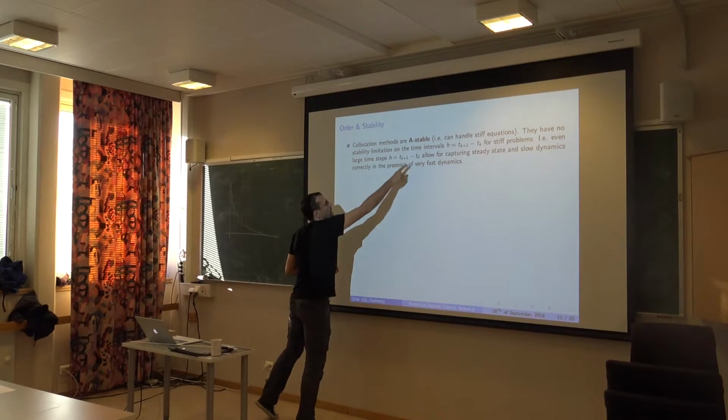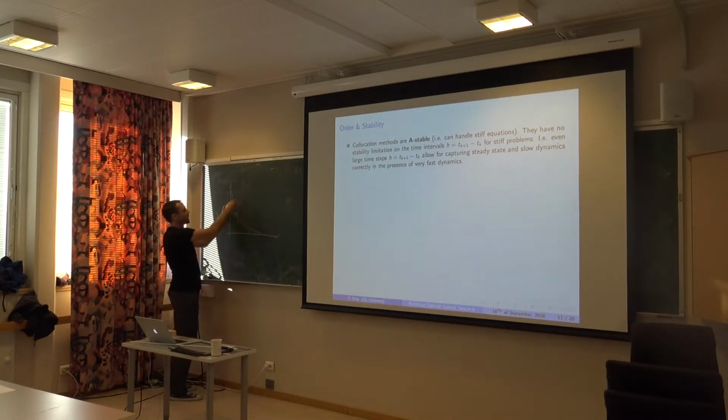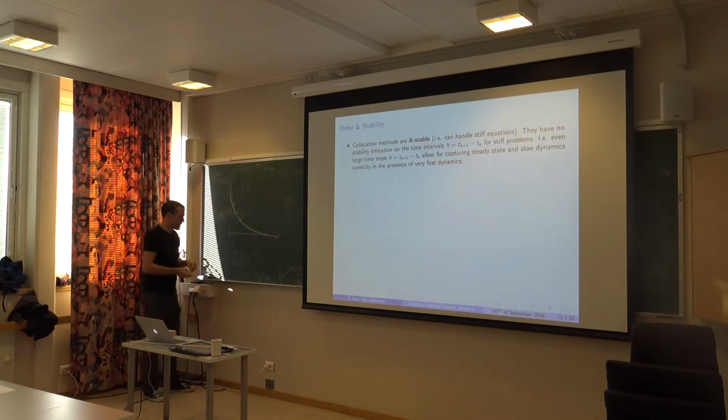But if you use this kind of collocation scheme, and you use a fairly aggressive time step, for example, tk plus 1 minus tk is large, you may not be able to see these small oscillations or process them very well in the integration. So what the collocation schemes will tend to do is basically ignore these oscillations and just capture the slow dynamics, without bothering so much about these fast oscillations.